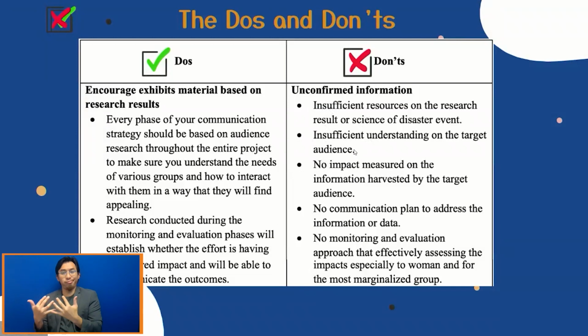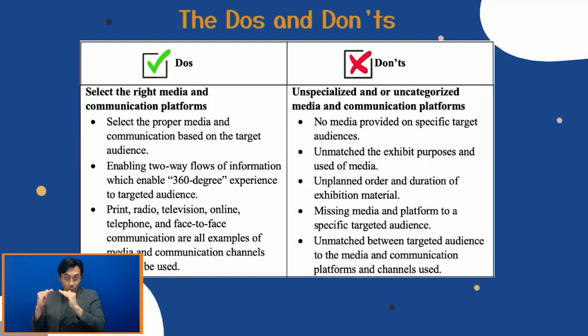So we aren't prepared. This is the one that we remove from the science communication at the museum. Then if we go next, select the right media and communication platform, such as the discussion from model number 2 with Dr. Praditya, Dr. Rizana, and Mr. Emilio. Mr. Emilio used various types of science communication.